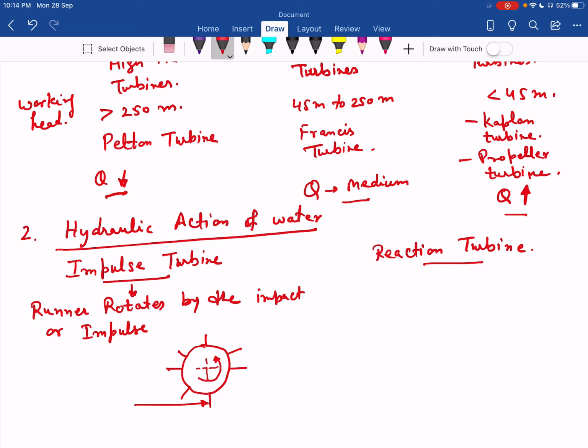So this is the impulse action of water, the impact of water. Due to this impact, this wheel starts rotating. So this type of turbine we call an impulse turbine.